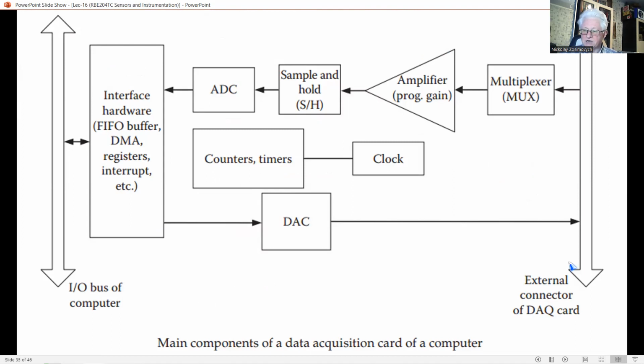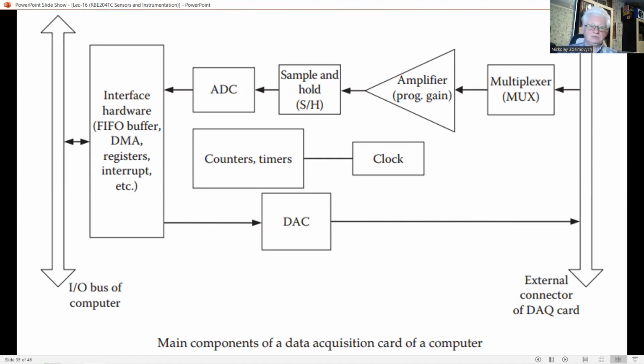It's on the right side, the DAQ card. But the ADC process is more complex and time-consuming than the DAC process. And furthermore, many types of ADC use a DAC to accomplish the ADC. And hence, ADCs are usually more costly, and their conversion rate is usually slower in comparison to DACs.